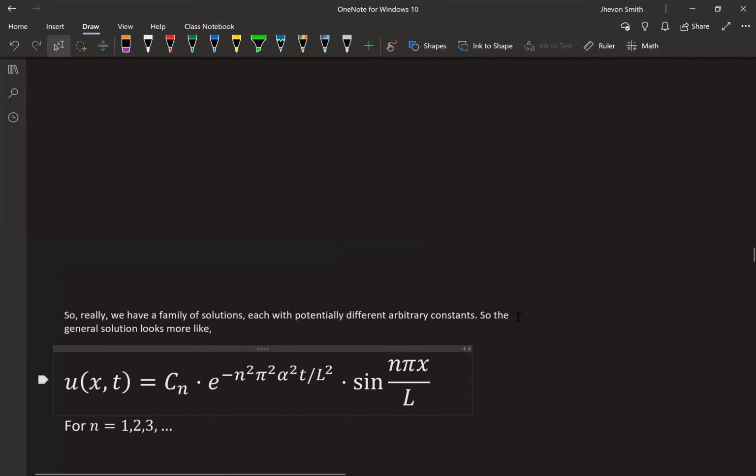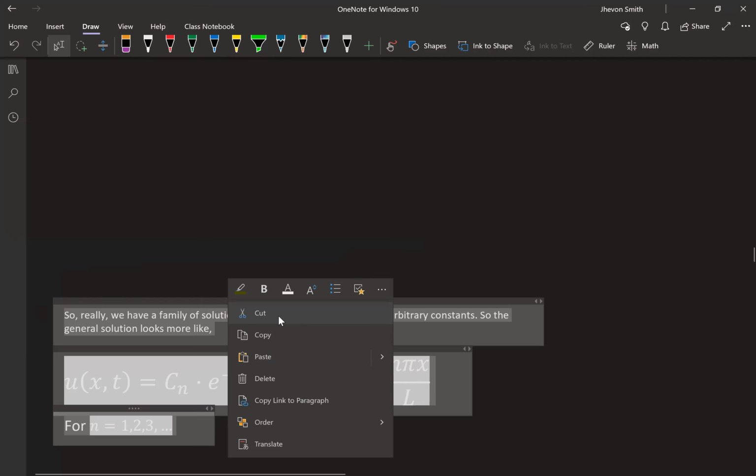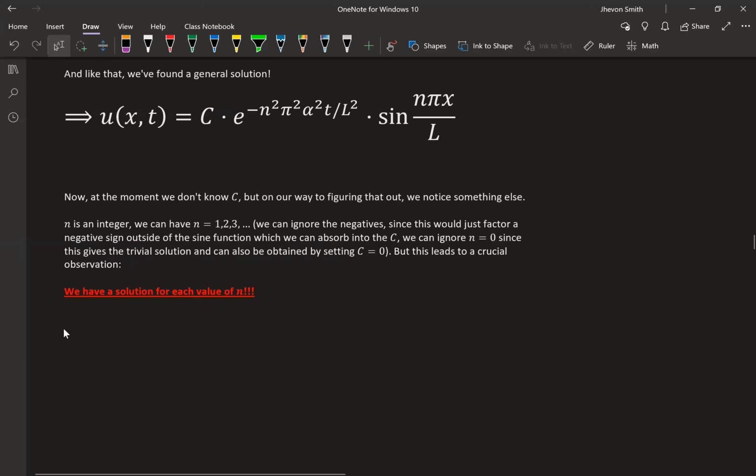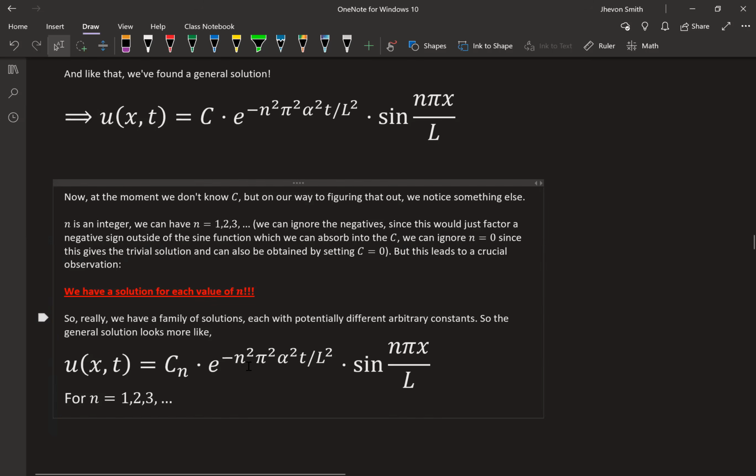Each of them is going to have its own constant associated with it. And so really what I have is a whole family of solutions, each with a potentially different arbitrary constant in front of them. So the general solution should look more like this, right?